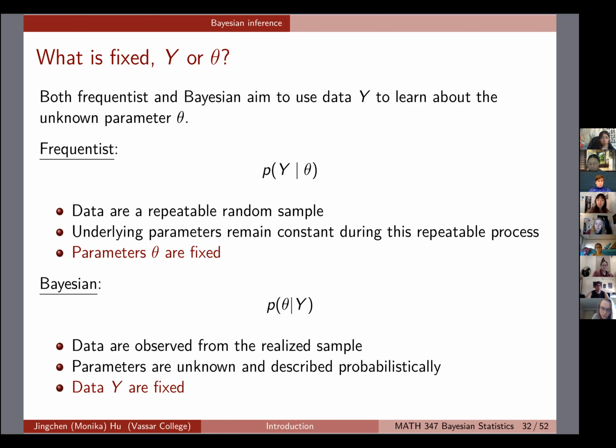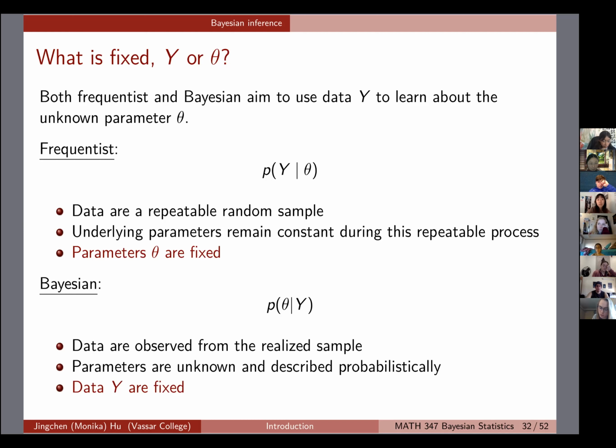You will see that we'll start describing the thetas probabilistically, for example, giving distributions for them and thinking about prior distribution, posterior distribution and all that. In contrast, in frequentist, the data are considered random and the parameters are considered fixed. Whereas in the Bayesian framework, the data are considered fixed and the parameters are considered random, and you're trying to use a probability distribution to describe those unknown parameters.